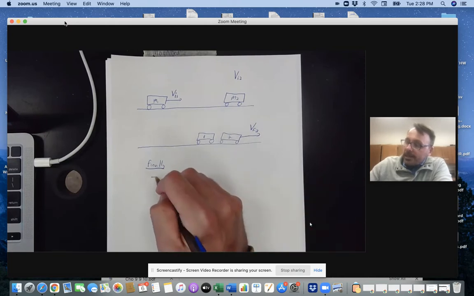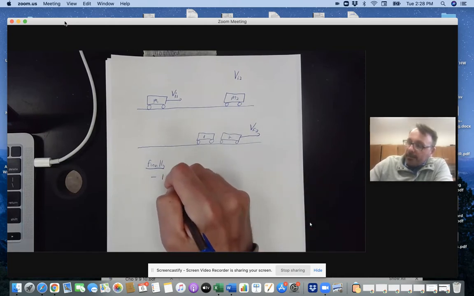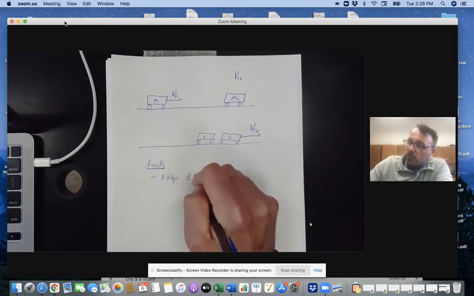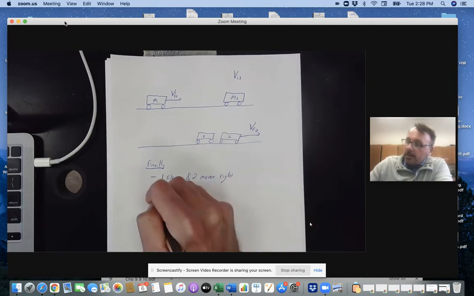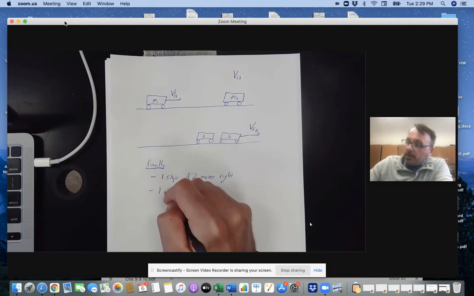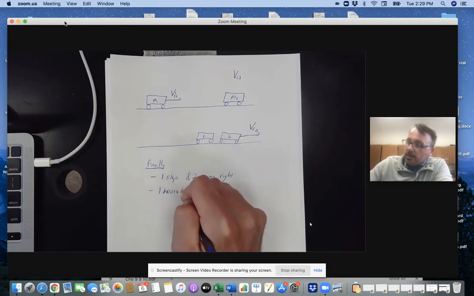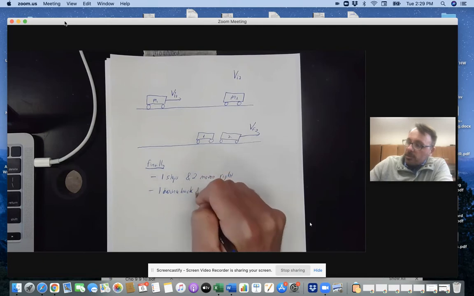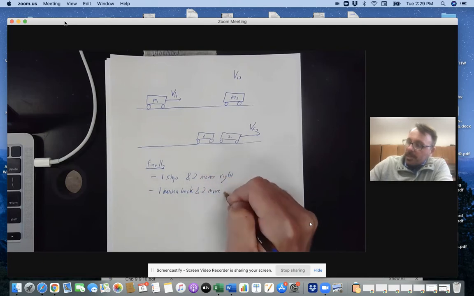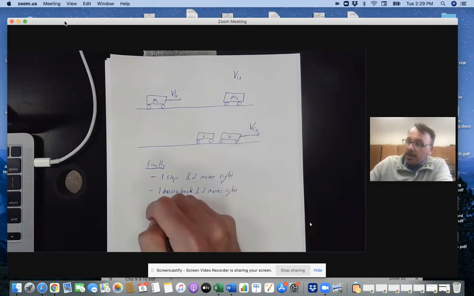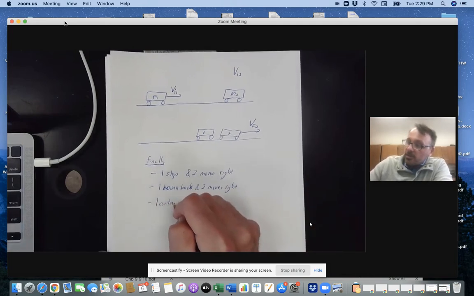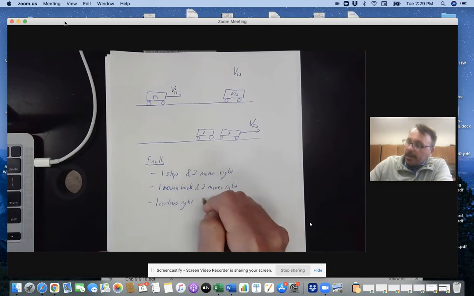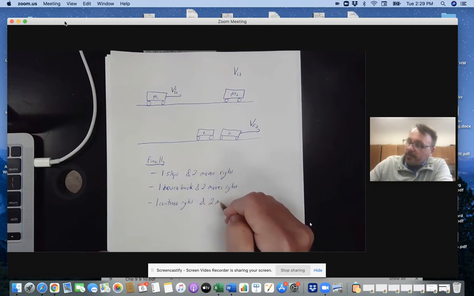One is that 1 stops and 2 moves to the right, okay? 1 could bounce back and 2 moves once again to the right. Another thing that could happen here is 1 continues right and 2 moves right.